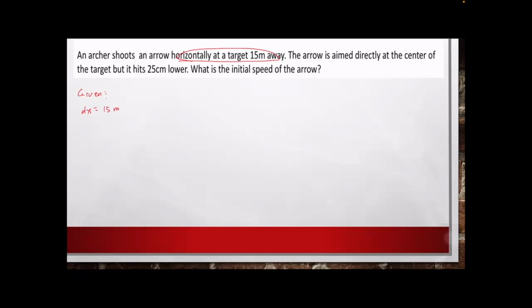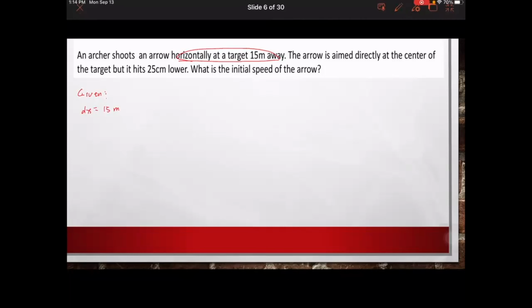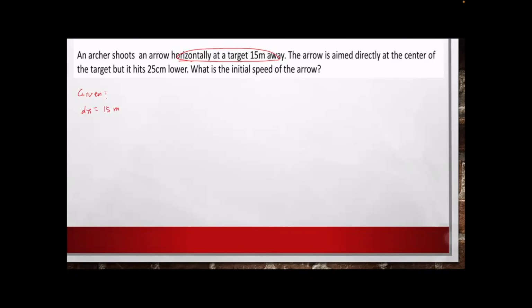The given is the target but hits 25 centimeter lower. So meron na tayong dx.